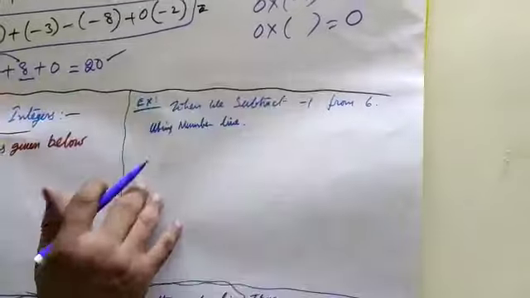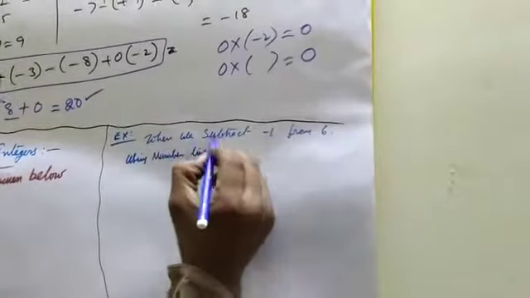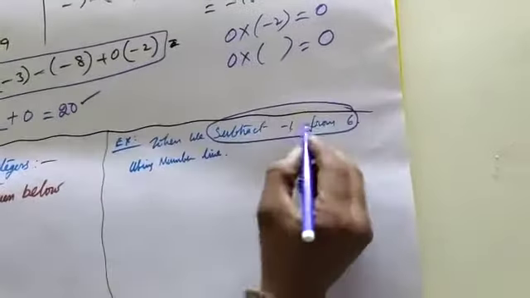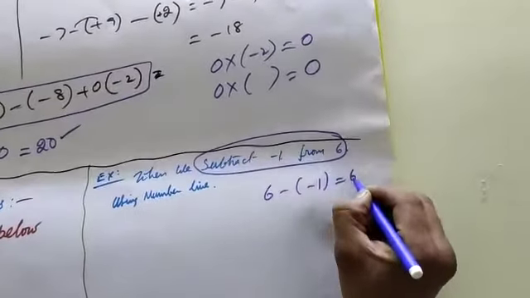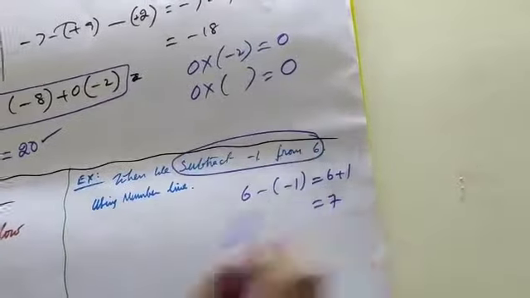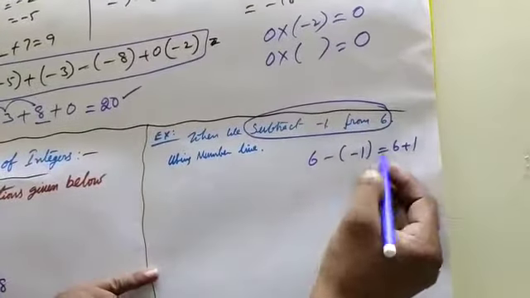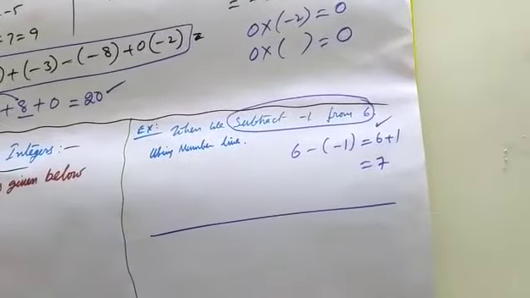Okay, for example, when you subtract minus 1 from 6, that means 6 minus of minus 1, that is equal to 6 plus 1, that is equal to 7. See, use the number line.